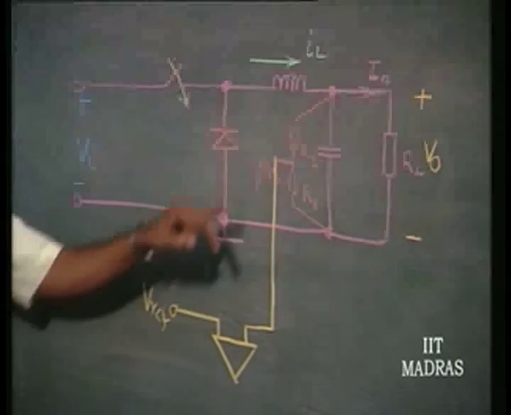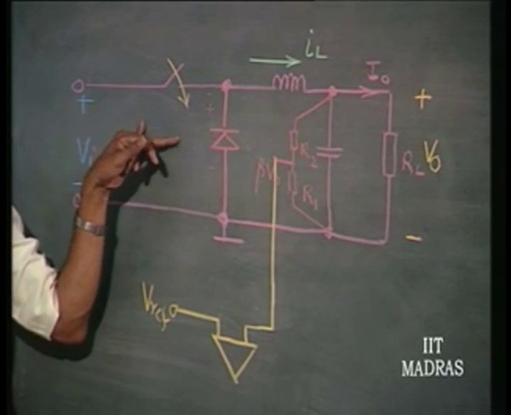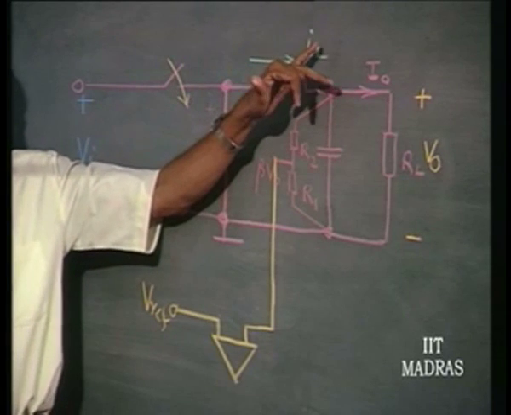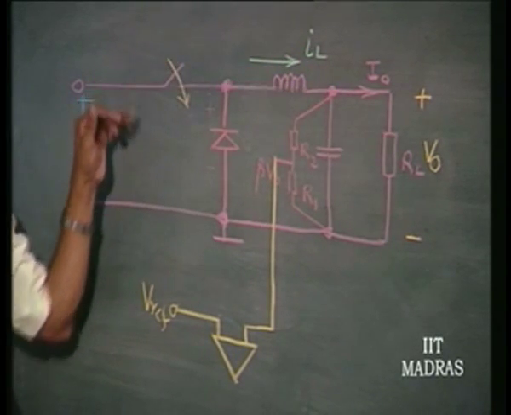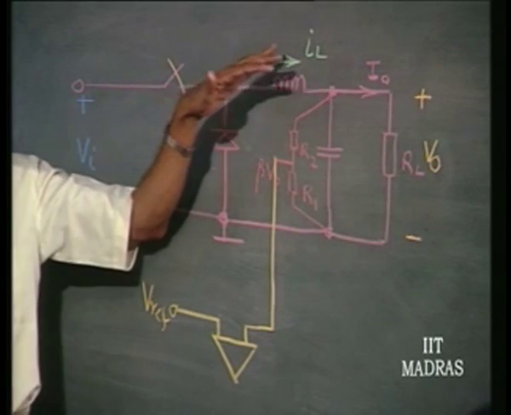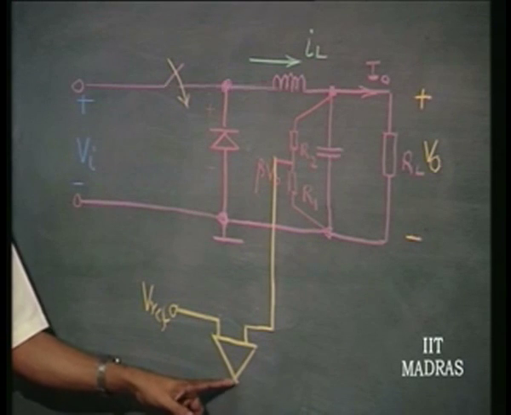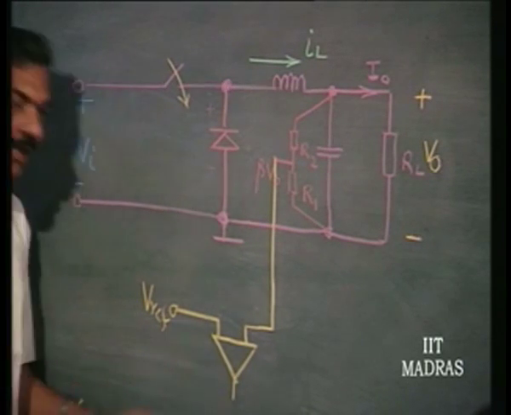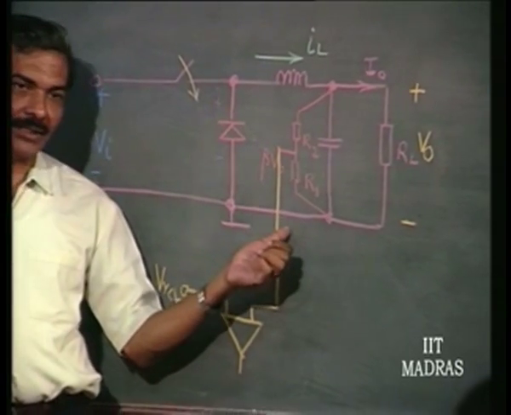I would like to know whether the duty cycle has to be increased. If the input voltage is increased, duty cycle has to be decreased. If the input voltage is decreased, duty cycle has to be increased. So, that information is obtained by finding out what this voltage is. Right. I want the output to be maintained constant.